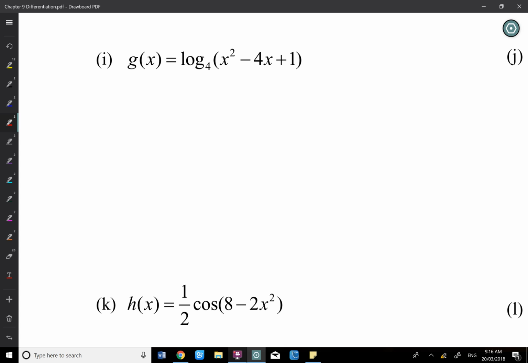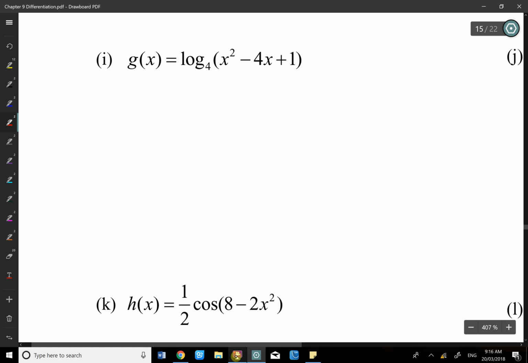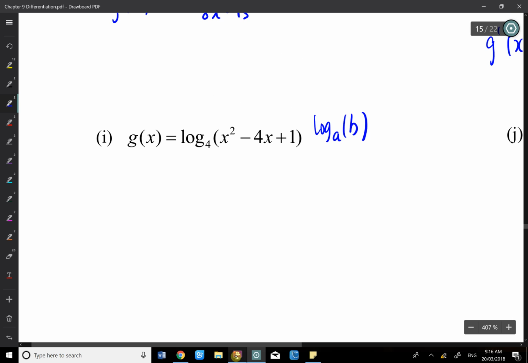You heard about change of base? Yeah, what is the formula? Log a b. Well, change to base e, obviously. So it's log e b over log e a, right?